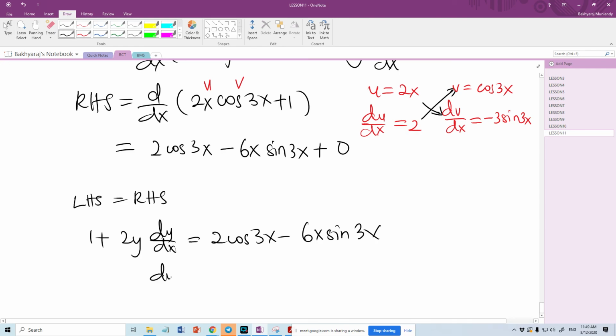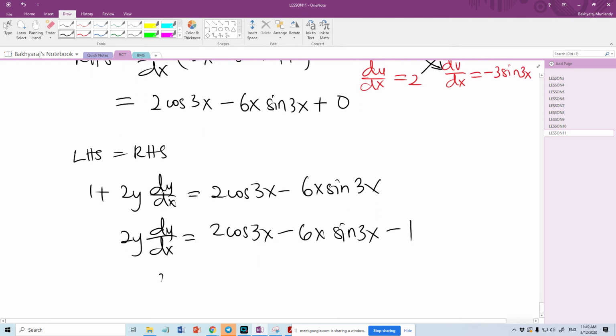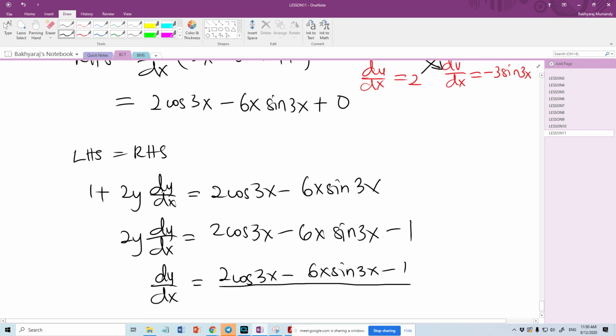So dy dx will be equal to 2 cos 3x minus 6x sin 3x minus 1 divided by 2y.